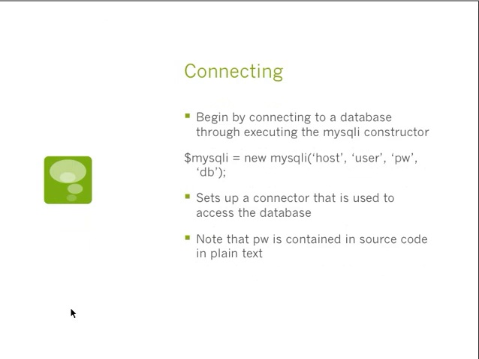One thing to note here is that the password is contained in the source code in plain text, so there are things you'll have to do, and eventually I'll show you how, to hide that information so that it isn't in an open directory and can't be readily seen within source code.